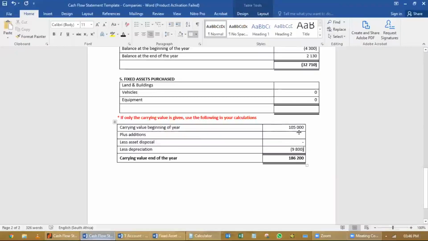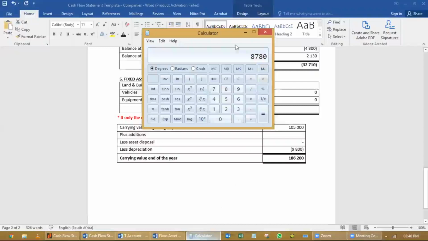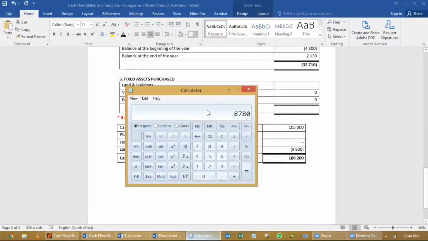Now, the easiest way to work out this amount is to start at the bottom of this note and work backwards. As you know, you do the opposite of what is done if you would have worked from the top. You've done this before, so you should be fine.